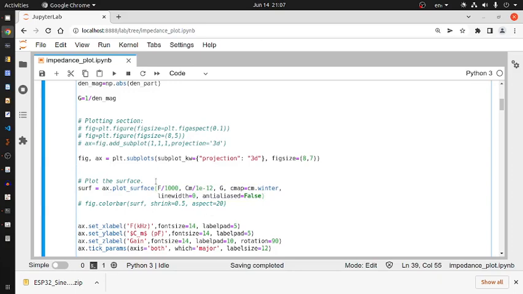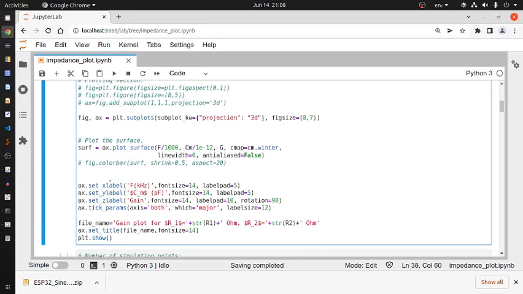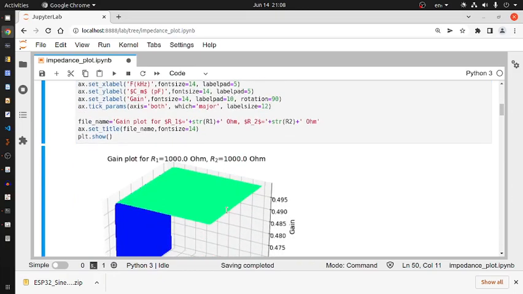The frequencies are mapped in kilohertz, and my condenser capacitances are plotted in picofarad ranges, and G is plotted over here, and all these things are for decorating the curve. Finally, I've not stored this plot, but I can store it using this file name. Okay, let me run this code and let me explain what the figure signifies.